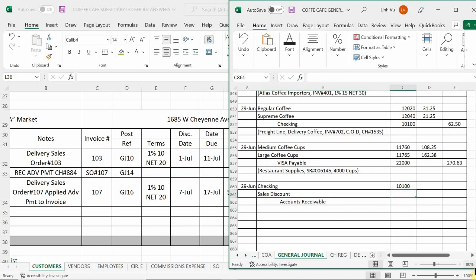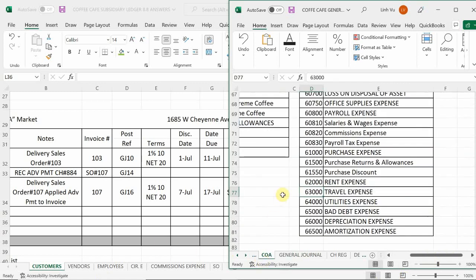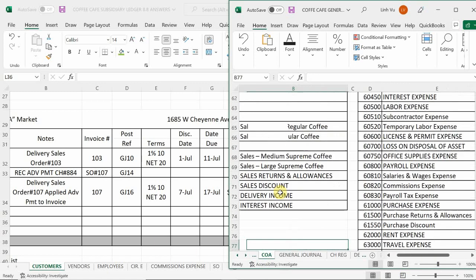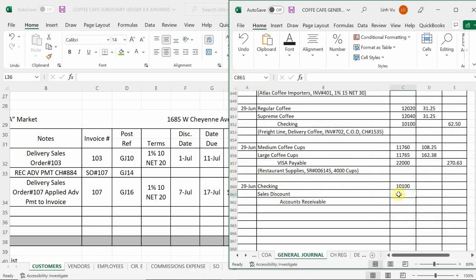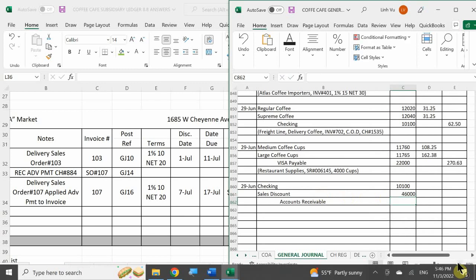So again, sales discount is account number 46,000. And accounts receivable is 11,000.